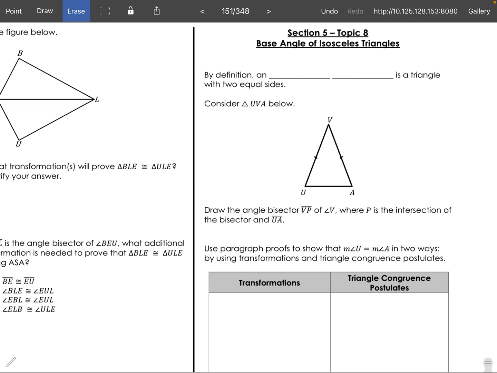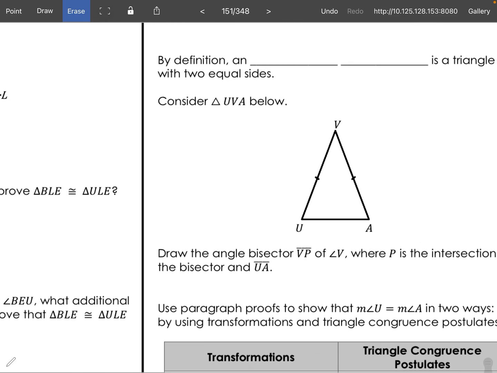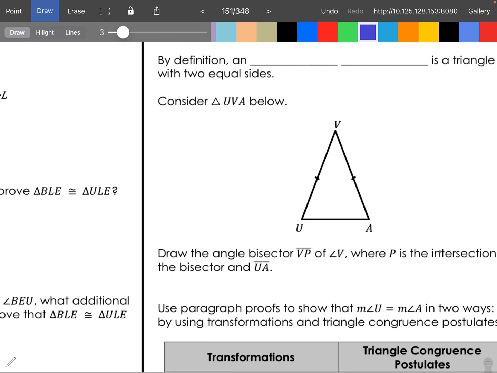It says, let's draw the angle bisector segment VP of angle V. Before we get into that, I want you to know the parts of an isosceles triangle. So we have the vertex angle, which is going to be across from the base of the triangle. So this is the base. UA is the base. We have the two legs.